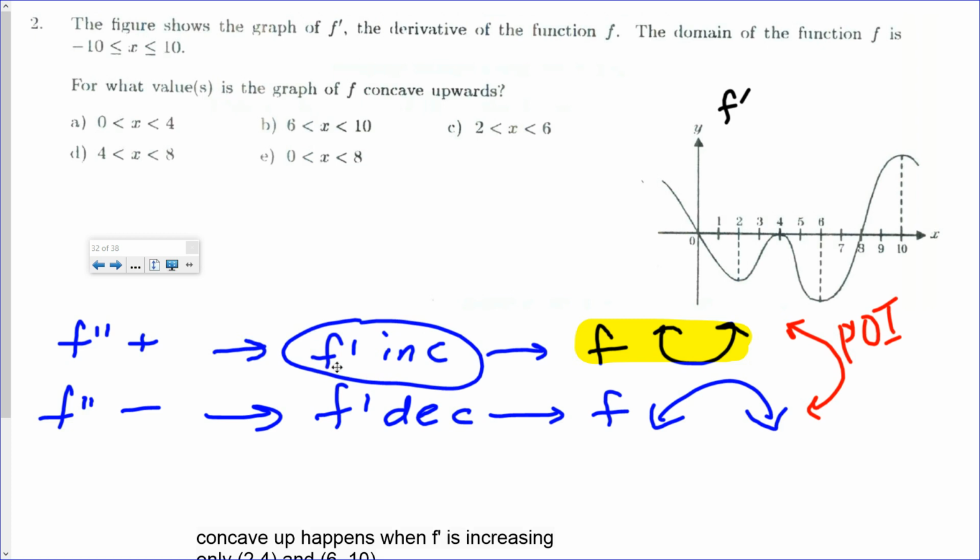Everybody good with that? Remember, I only know f prime. You told me f prime is increasing here, and f prime is increasing here. And so the answer must be 2 to 4 or 6 to 10. Is there a 2 to 4? No, so that's the answer. Is everybody good with that?